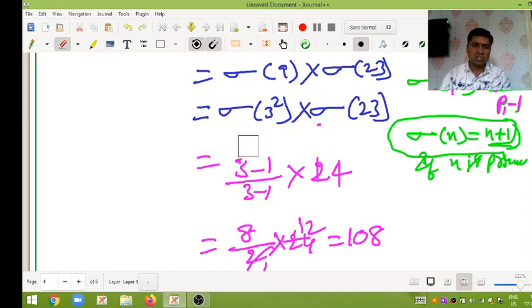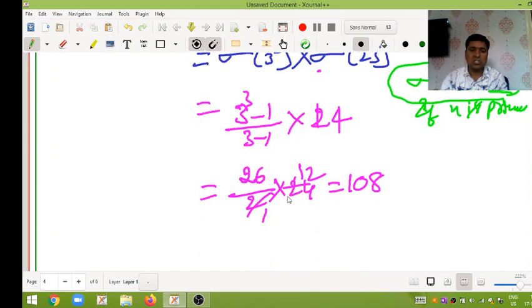3 cube minus 1 by 3 minus 1. So this is equal to, 3 cubed is 27, minus 1 means 26. So this is nothing but 26 into 12. 26 into 12 is equal to 312.